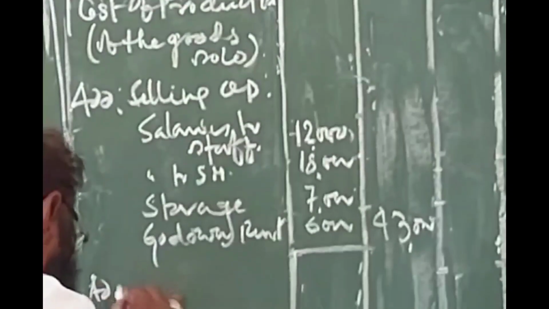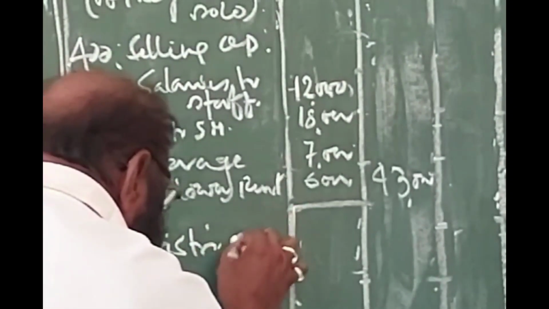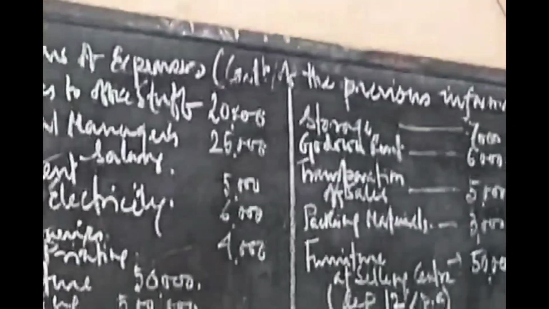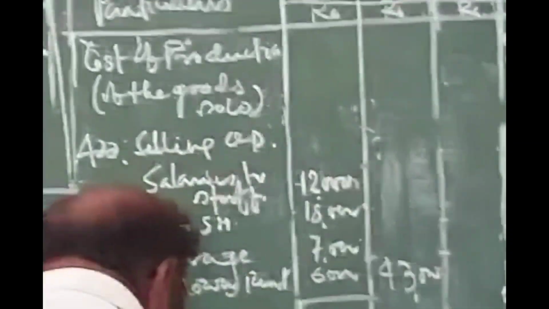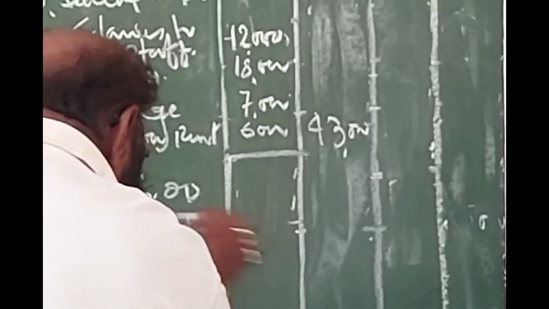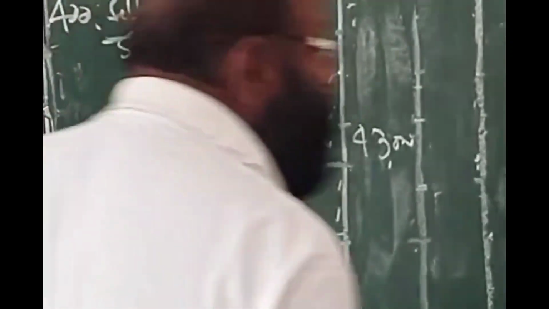Then we add distribution overhead. Distribution overhead, transportation on sales. Transportation, how much is it? 5,000.